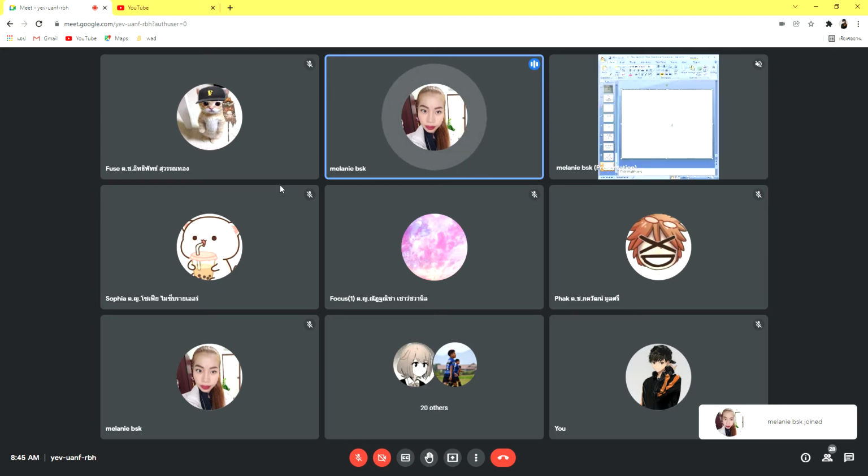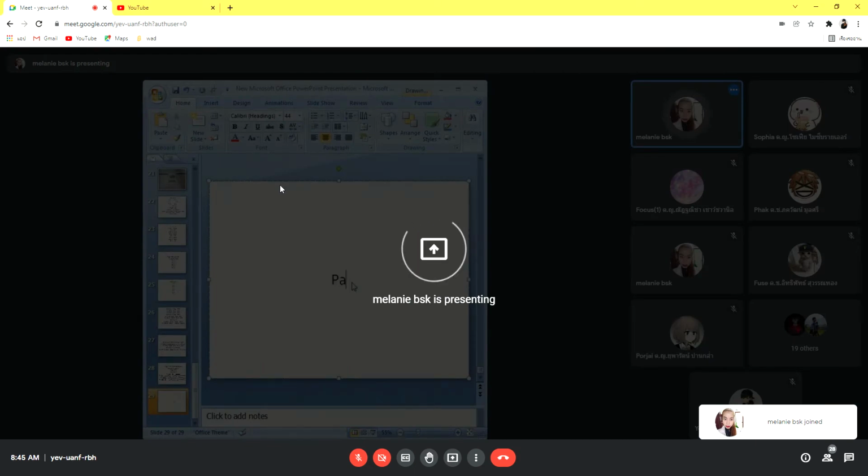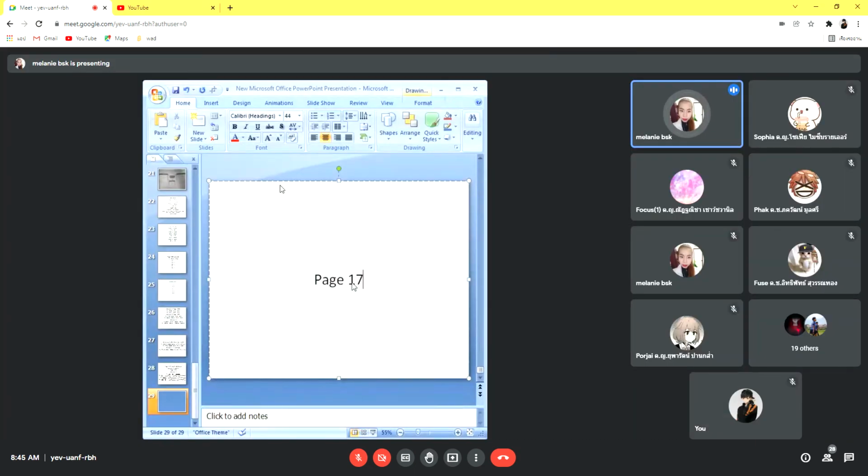So we have here page 174. Can you see my screen now? Page 174, math book. Okay, here you go. Can you see the page in here?